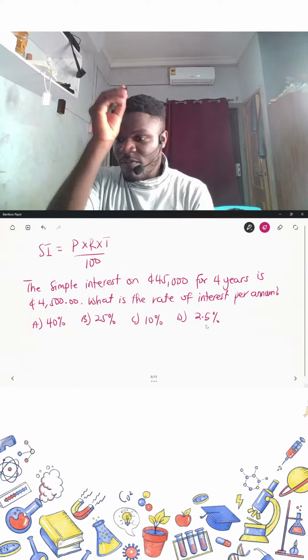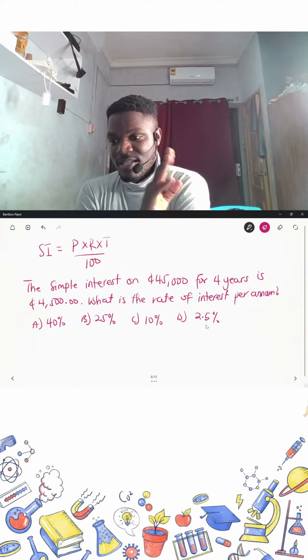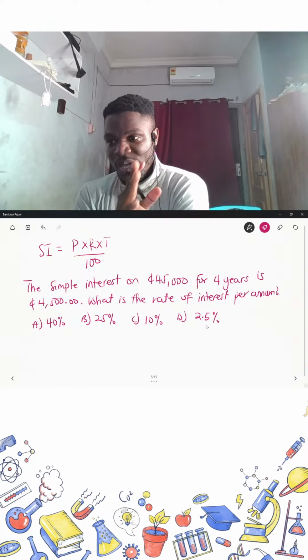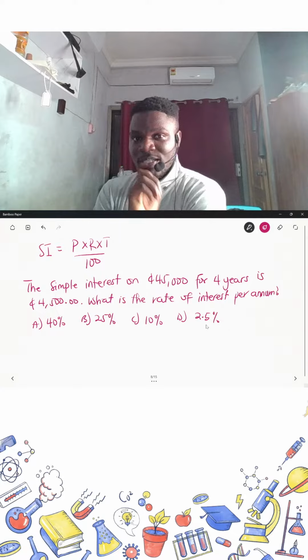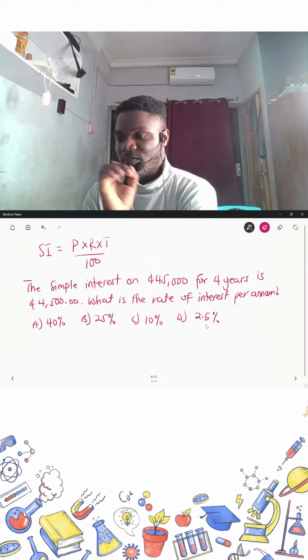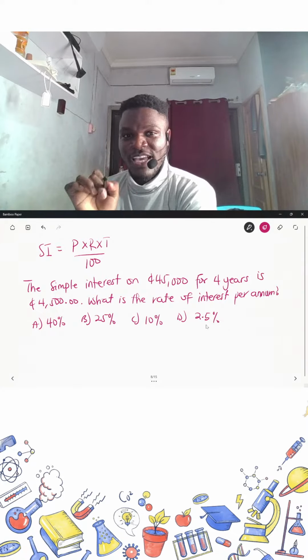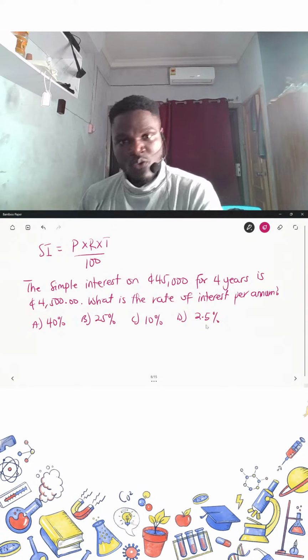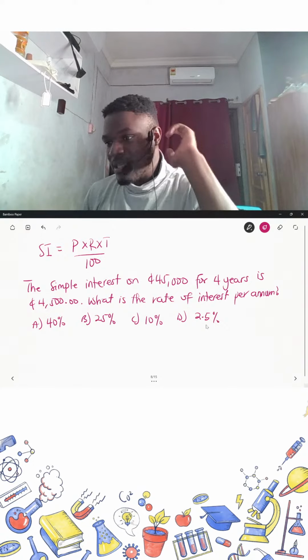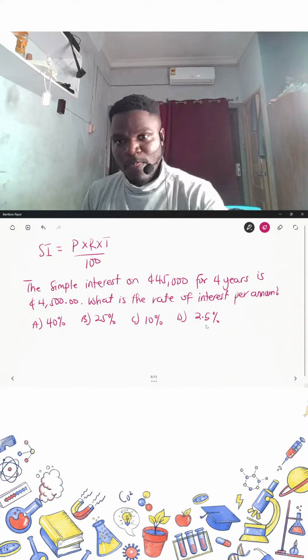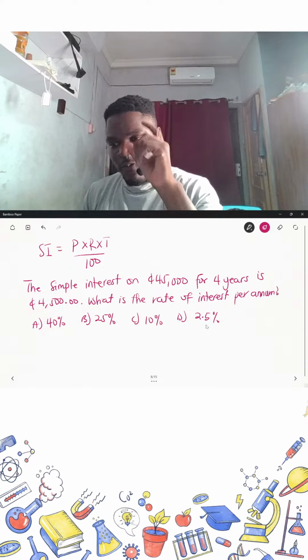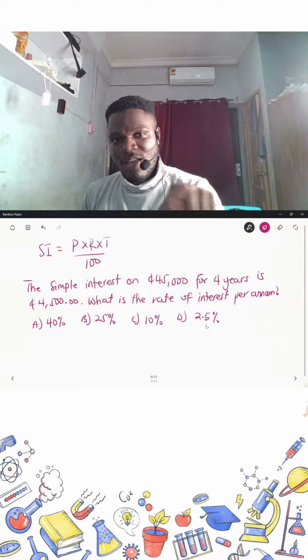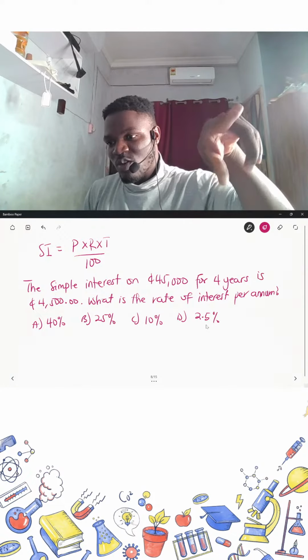I've already given the formula at the top. Simple interest is equal to principal times rate times time all over 100. The question is saying the simple interest on 45,000 for 4 years is 4,500. So the 45,000 is the principal, or the P. The 4 years is the T. And then the 4,500 is the simple interest, or the SI.